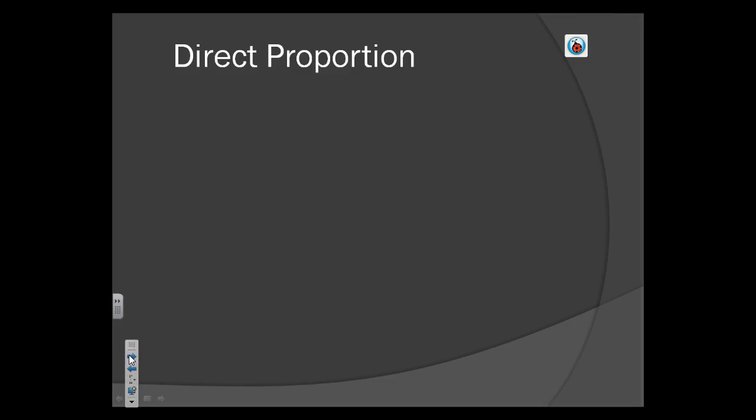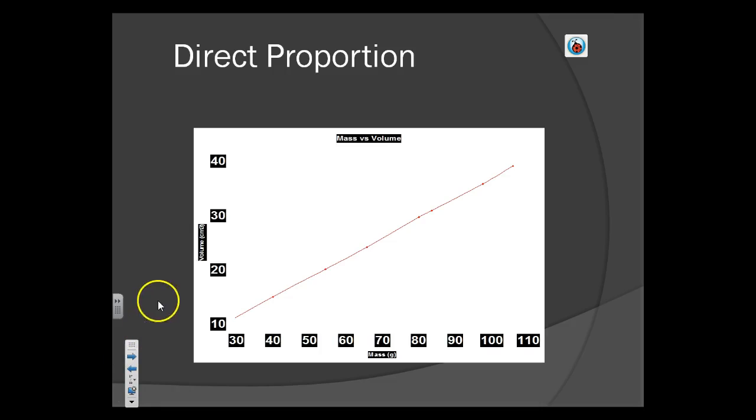Direct proportion is how we can describe the relationship between 2 variables, or at least a possible way. If the variables, when you graph one against the other, result in a line like this, or a linear graph, we would say that those 2 variables are directly proportional. If you'll notice in this one, mass and volume, as my volume goes up, so does my mass.